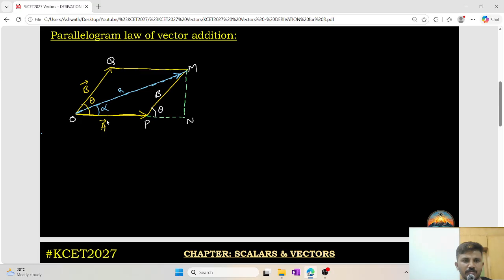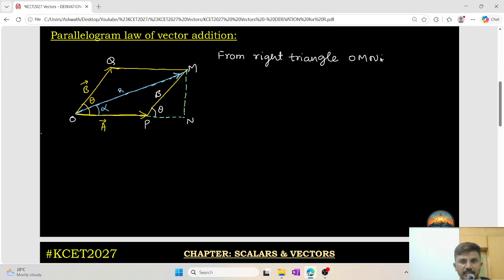Look at this. Here we have a right angle triangle. From the right angled triangle OMN, dear student, do understand this carefully.